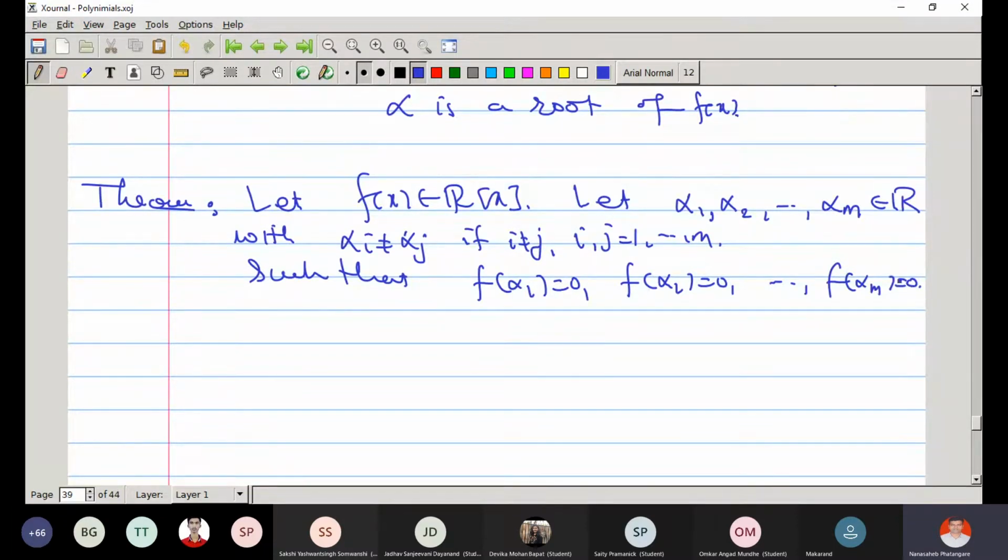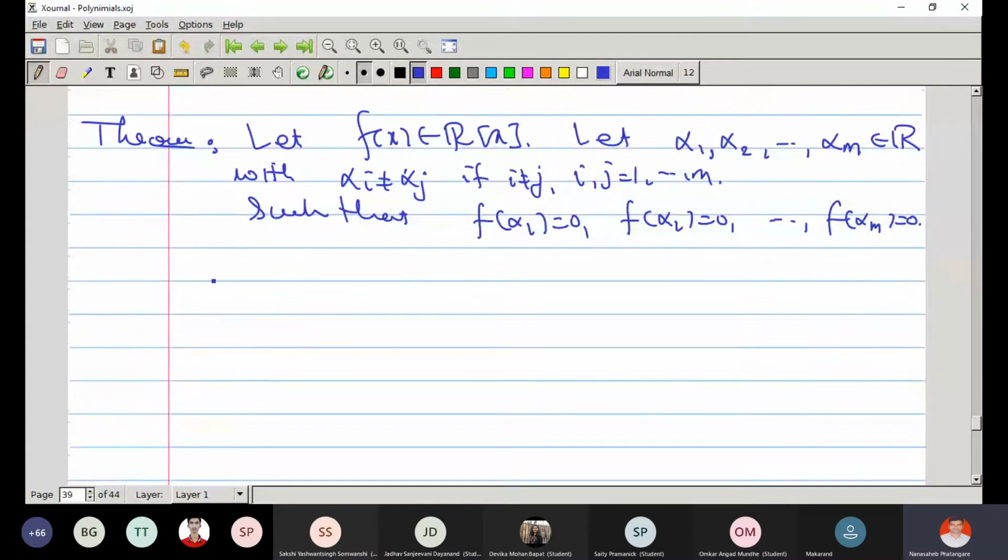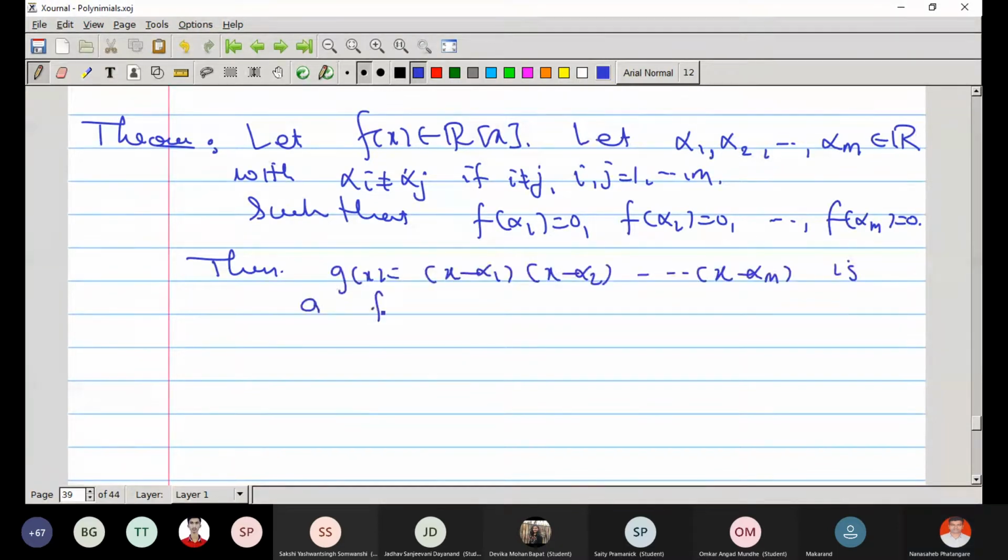Then g of x equal to x minus alpha 1, x minus alpha 2, up to x minus alpha m is a factor of f of x. So what this theorem says, do you understand the statement? Is the statement clear?